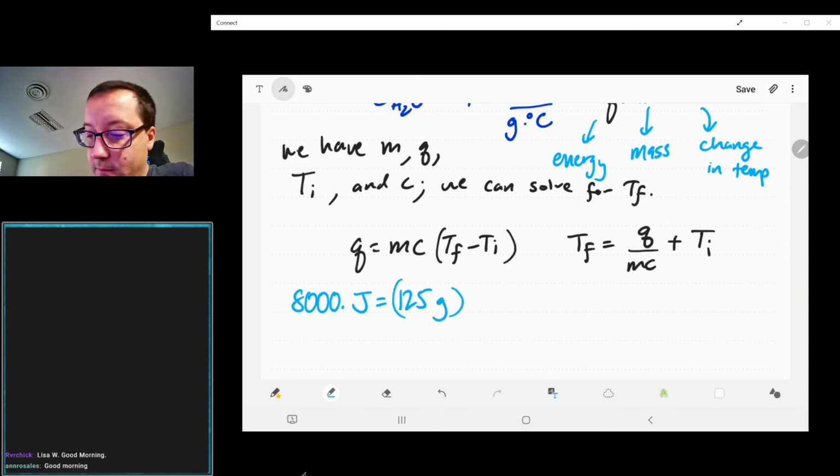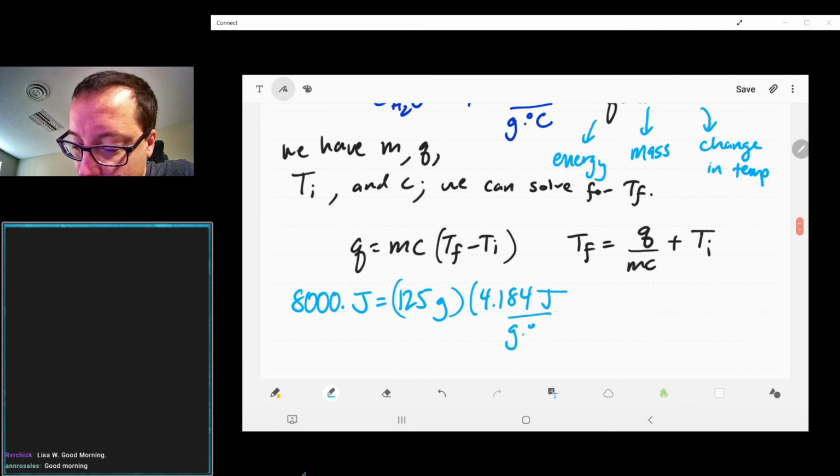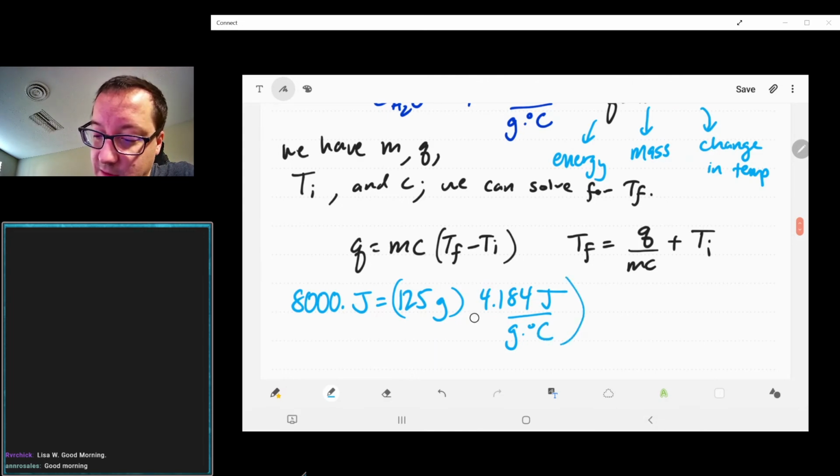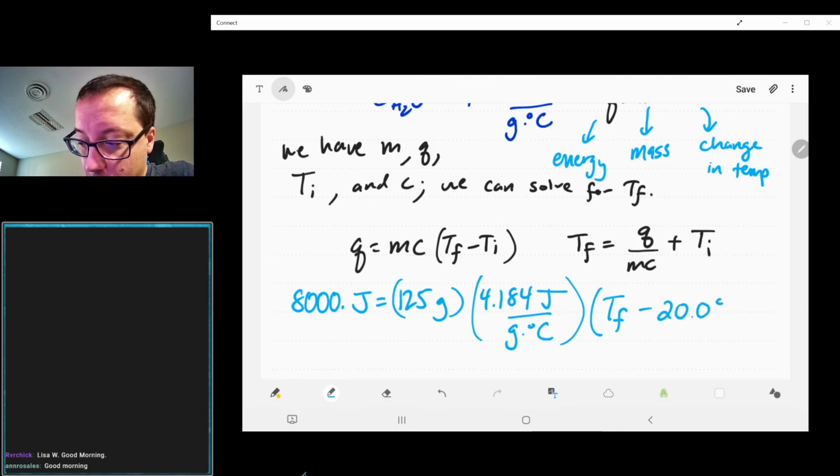That's M. C is 4.184 joules per gram degrees Celsius. May make that other parenthesis a little bigger. And then we have our mystery variable, which is the final temperature, minus 20 degrees Celsius.